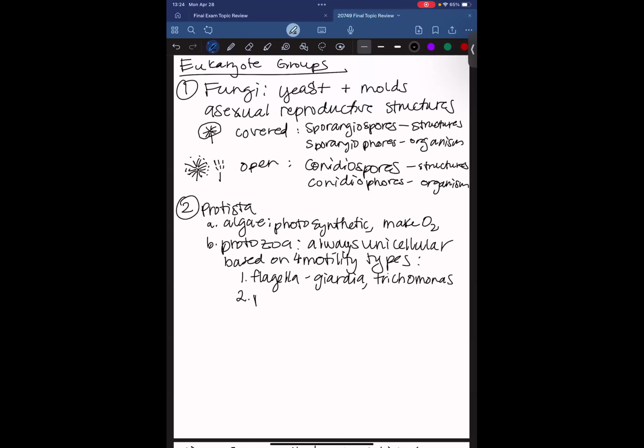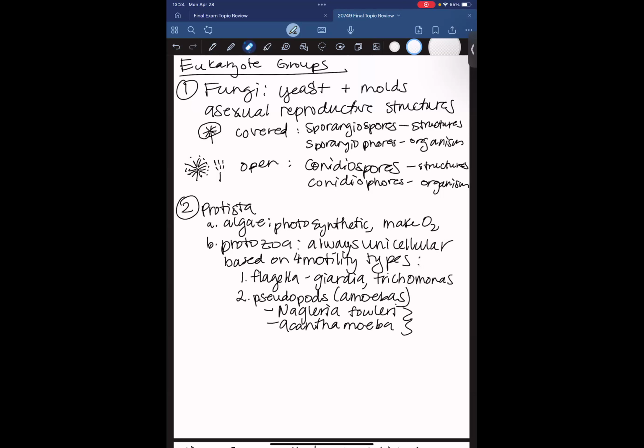We have the ones that move by pseudopods, the fake feet. These are also known as the amoebas. This would include things like Naegleria fowleri or Acanthamoeba. Both of these guys are a source of meningoencephalitis, the brain-eating amoebas.